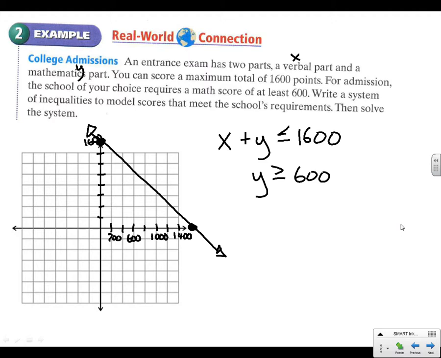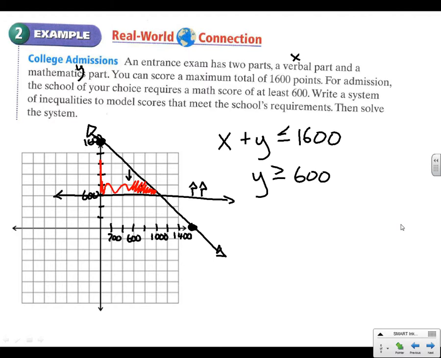And we know that Y has to be bigger than 600. 2, 4, there's 600, and so solid line across that one. All right, now I know I need to be above the Y line, but below this line. So here we go, we're going to be right in this nice little slice region here.